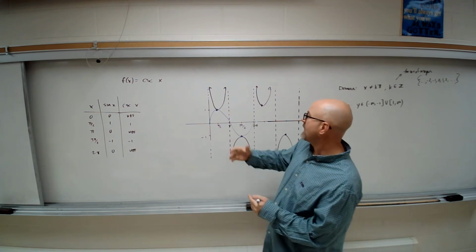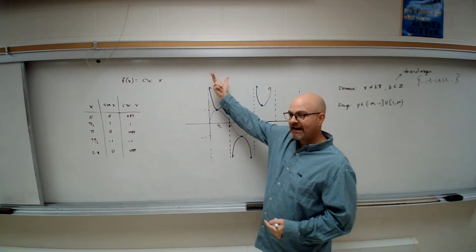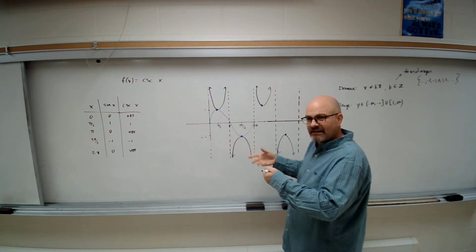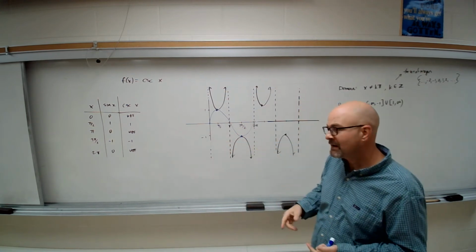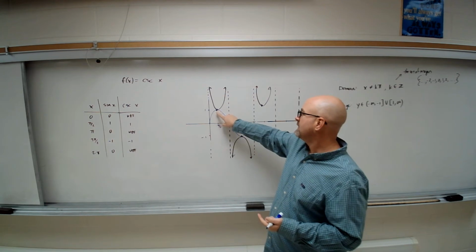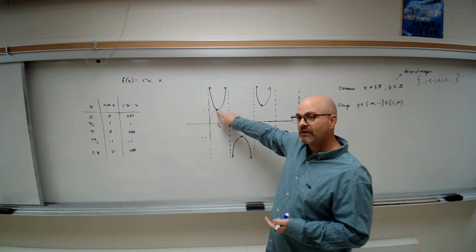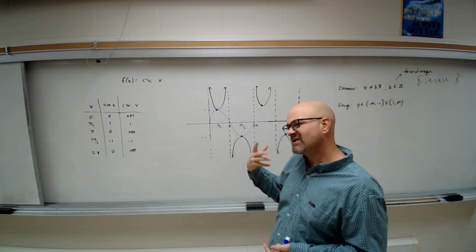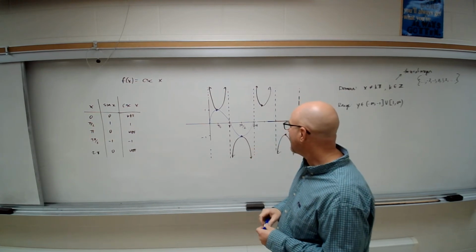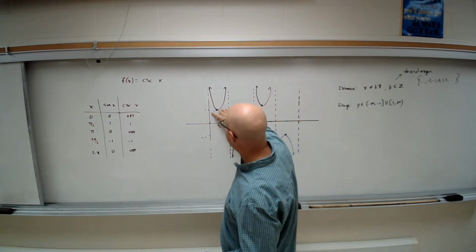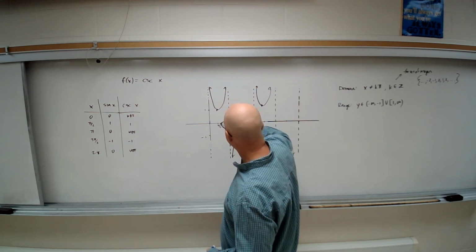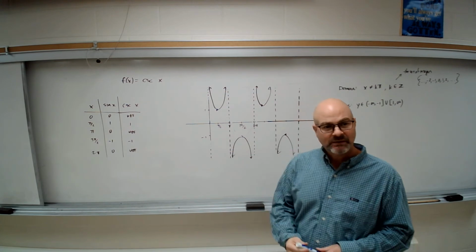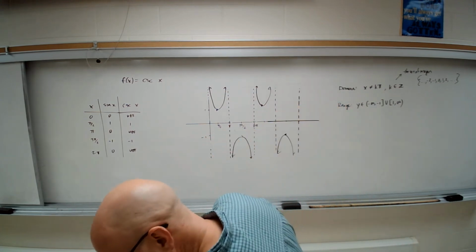So that's really where I think of it as like you're turning it inside out. That might be helpful, right? Because wherever you have a maximum on this part of the sine curve is where you're going to have a minimum on the secant curve. So that's just something to consider. Again, it would not be good to graph it every time like that, but it is something good to make a note of that there is a relationship there.